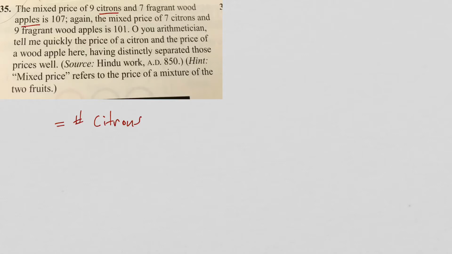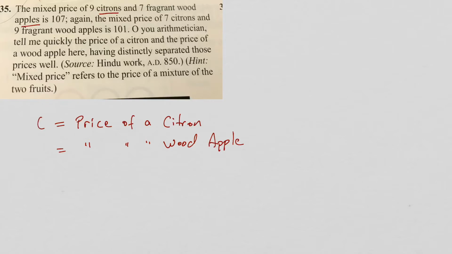We're looking for the price of each one. And equals the price of a wood apple. Okay, so I'll say that this is C and this is A. Those are my variables.